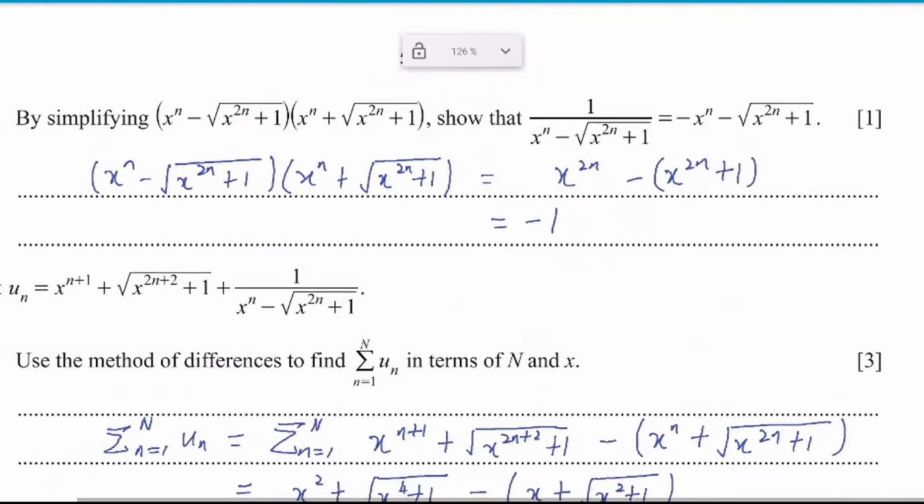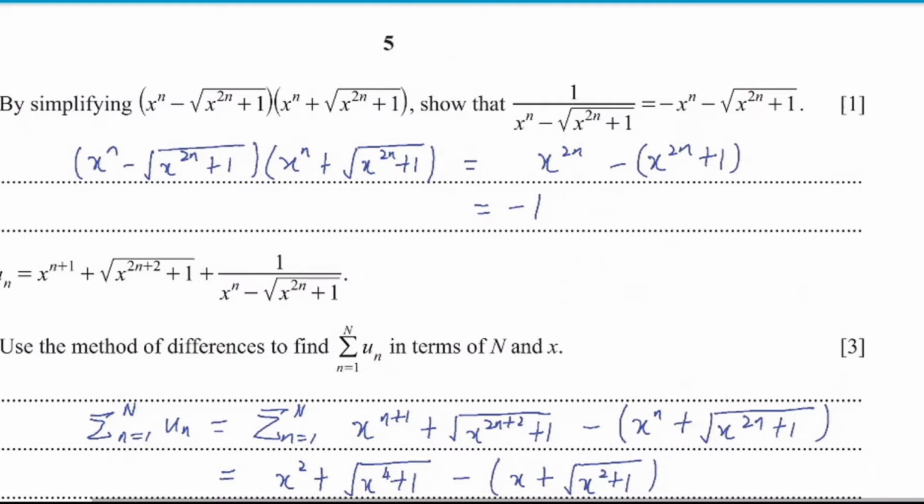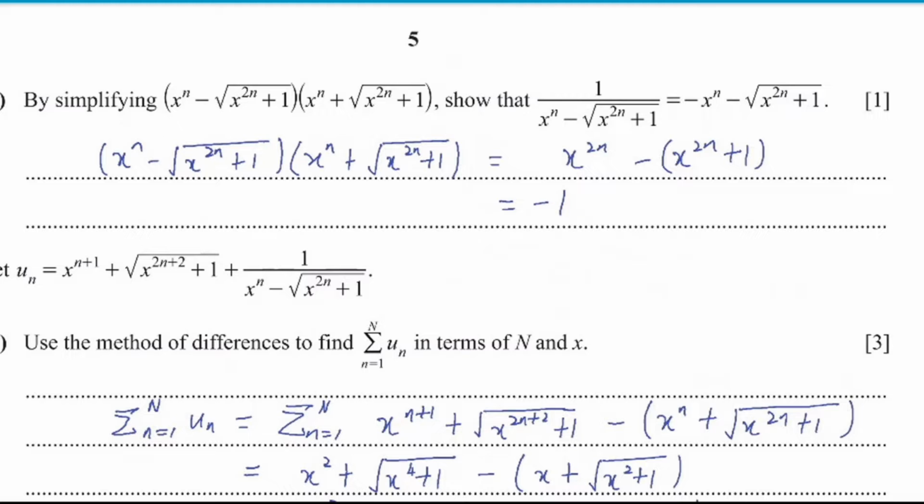By simplifying, we have this thing here. Show that this 1 over x power n is equal to the negative x power n, and we have so many square roots here. What we need to do is observe that this is like a minus b, and this is like a plus b form.